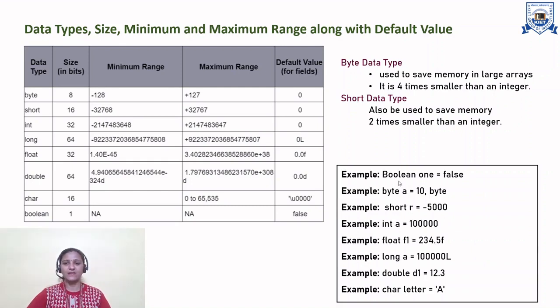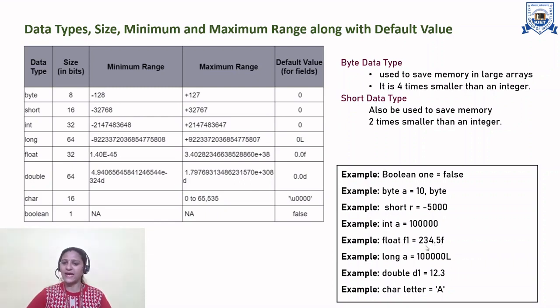Now the example: we declared a boolean variable and its default value is false. We can store like this, or you can store true, but by default it contains false. The next one is byte, name of the variable, and we gave value 10. Now short, with a value like minus 5000, then int a, then float.